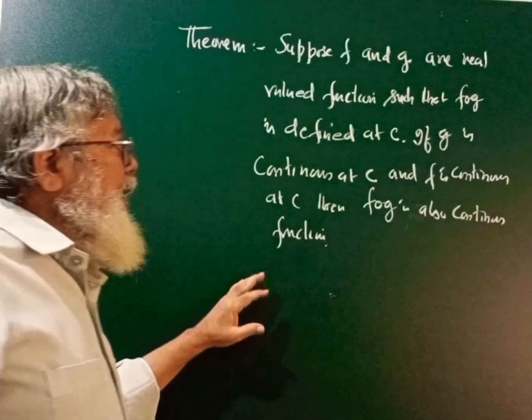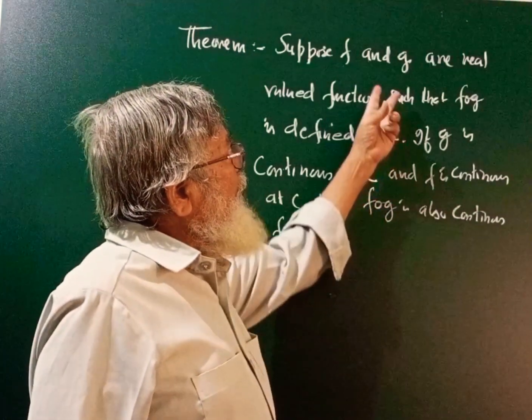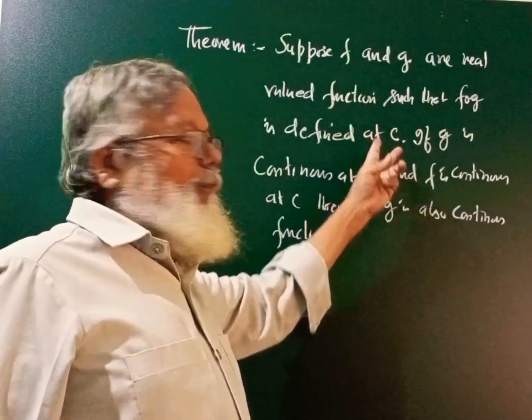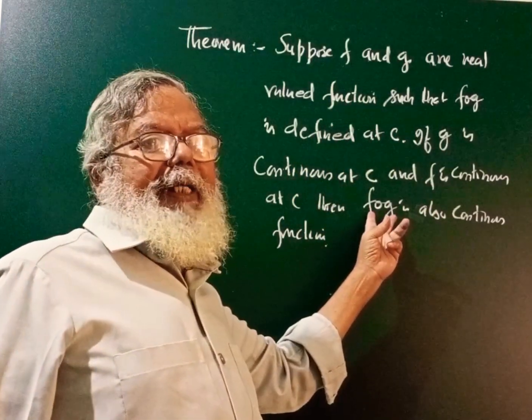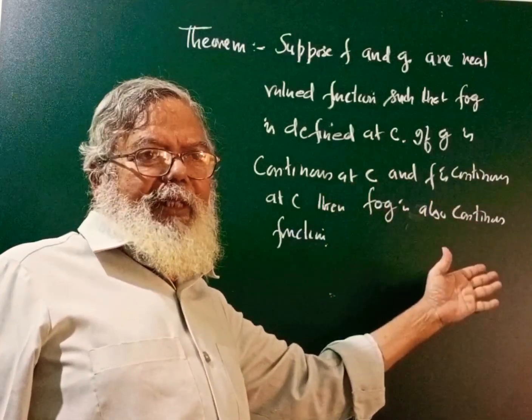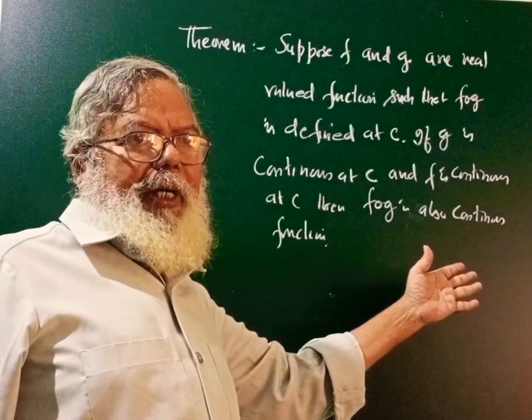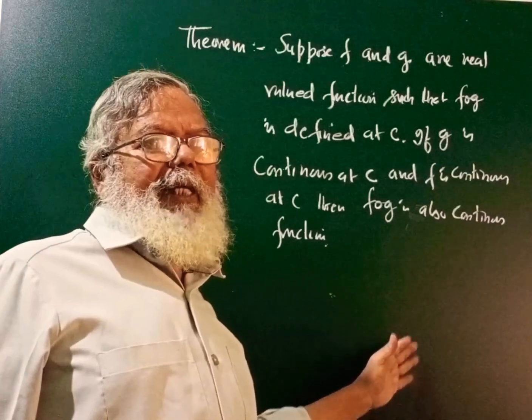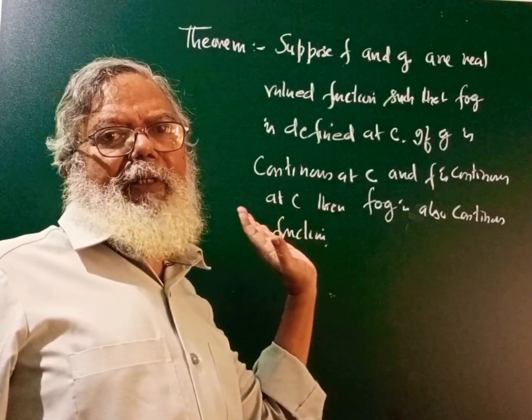So we find out the given two functions. We find out their composition, and then we have to see whether f is continuous or not, and g is continuous or not at a particular point. When both are continuous, then the composition must be continuous at that point.